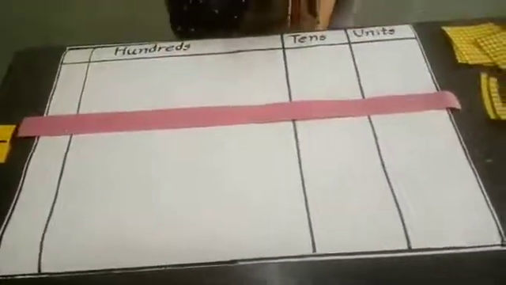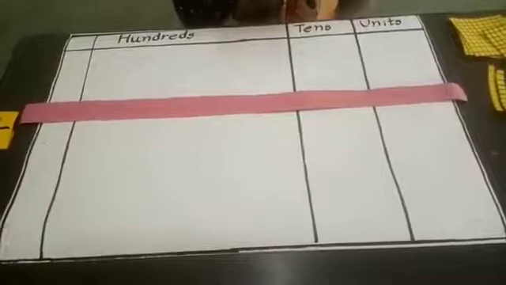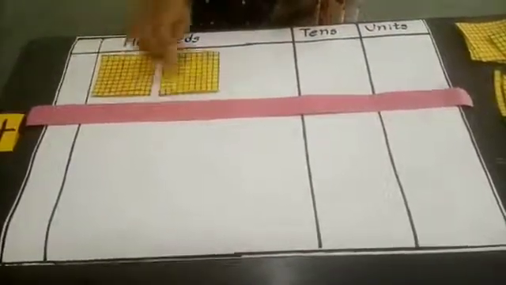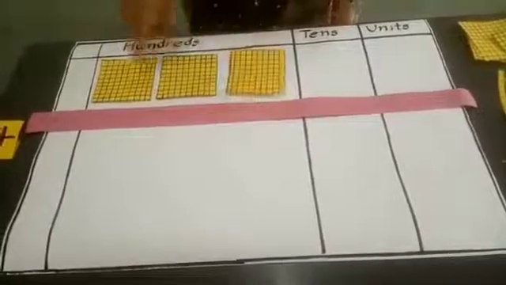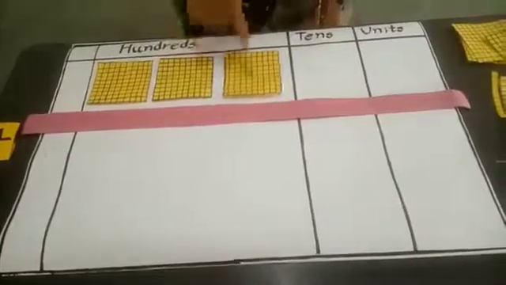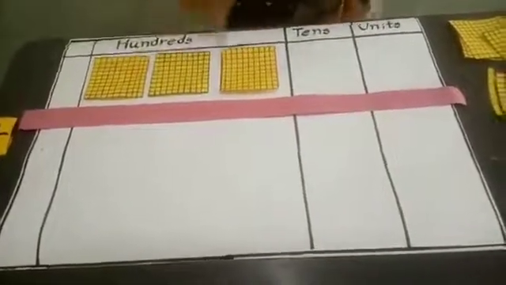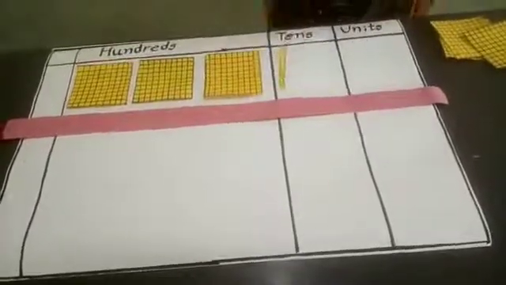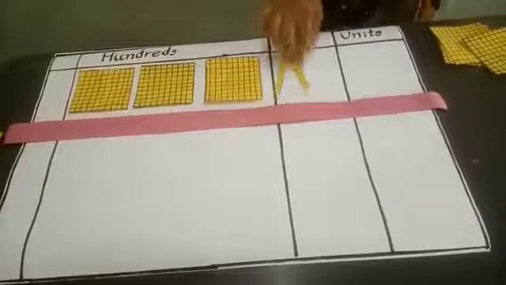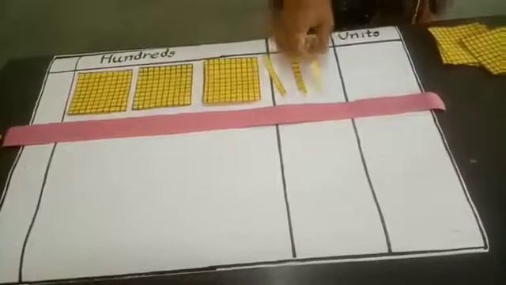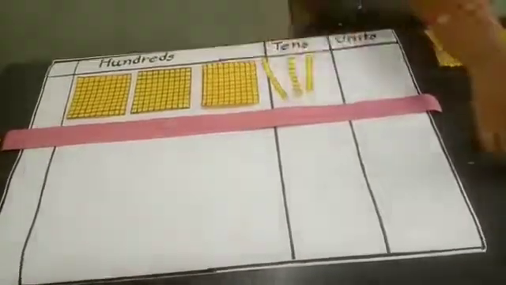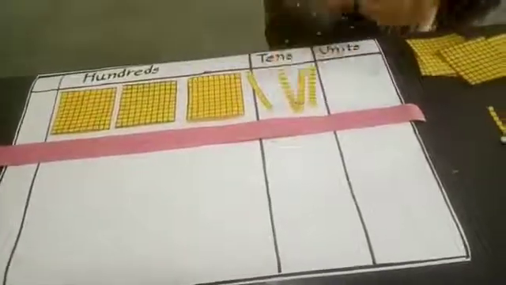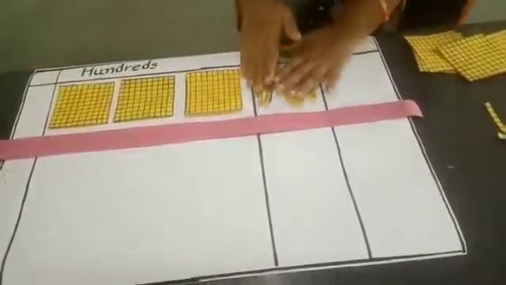Now we will see another example. Now see, we will put 3 squares here. Means 1, 2, 3. 300 is there. Now here we will put 5 tens. 1, 2, 3, 4 and 5.